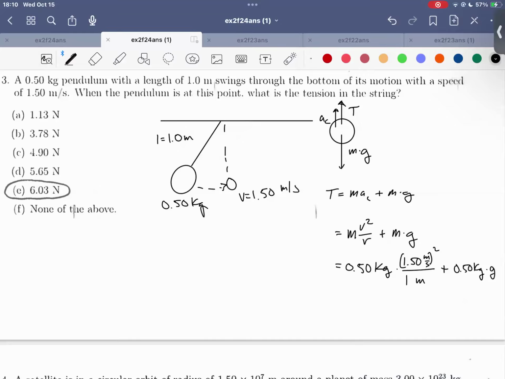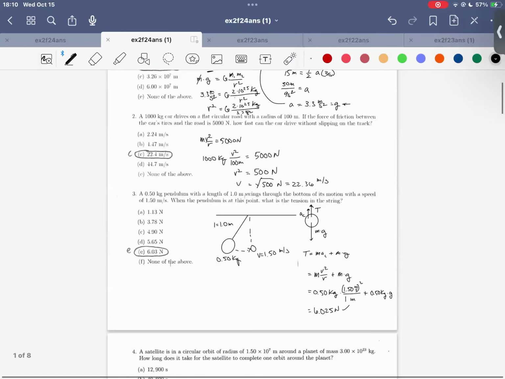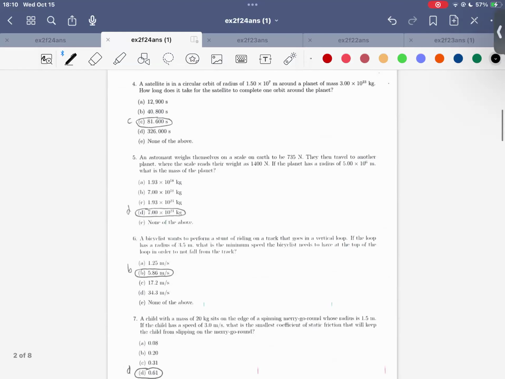So then you calculate and you get 6.025 newtons. And then that's your answer. Okay, so that's 1 through 3.